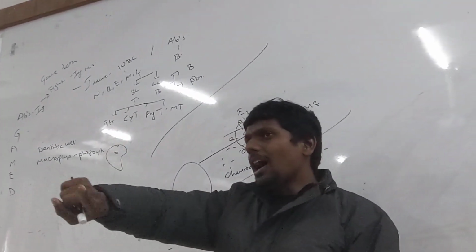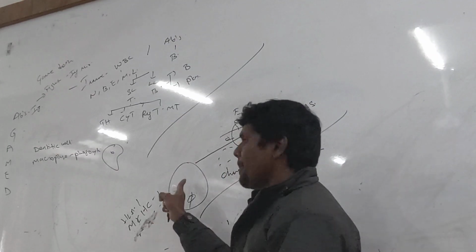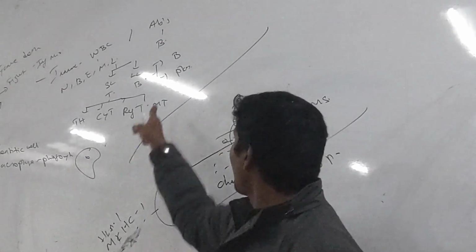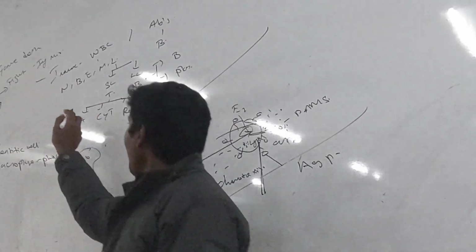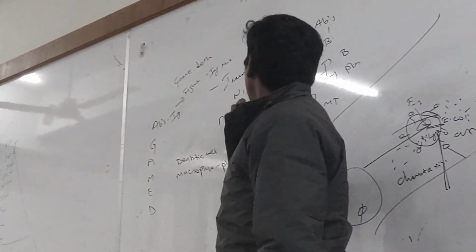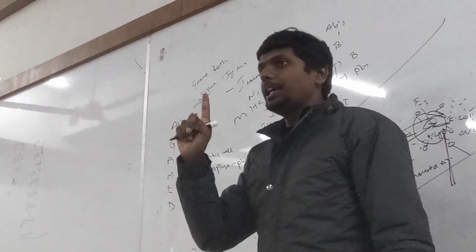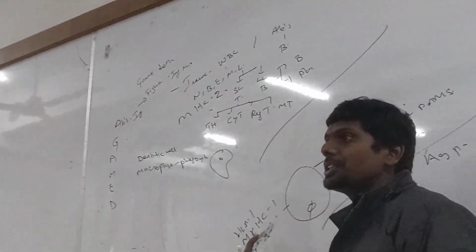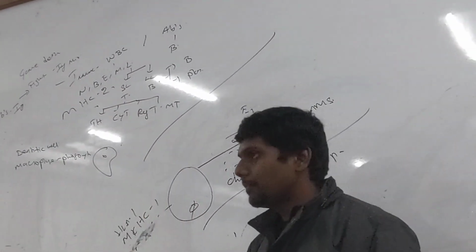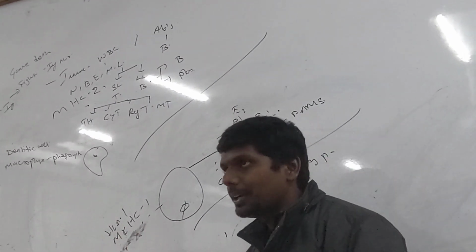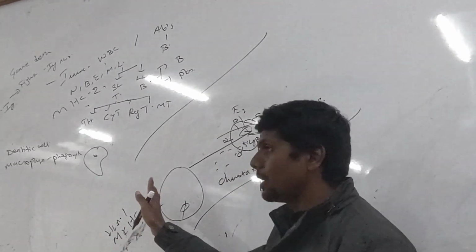Whereas all other cells in the body, apart from macrophages, have MHC2. All other cells have MHC2, and the macrophage has MHC1. Why this is important, I will discuss later, okay?